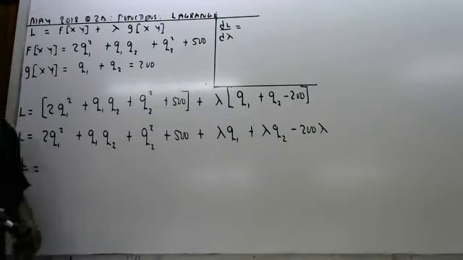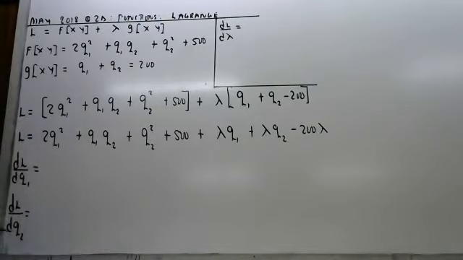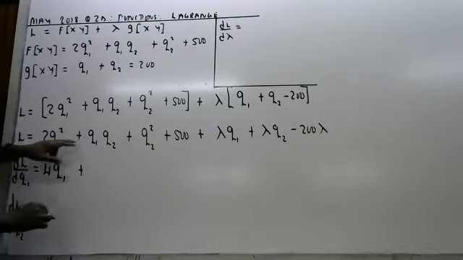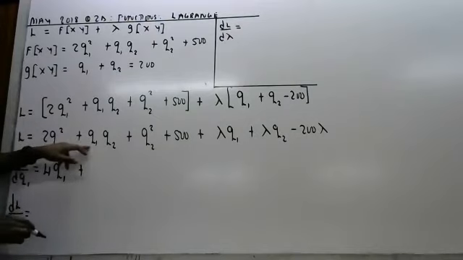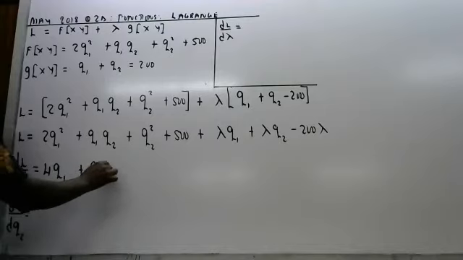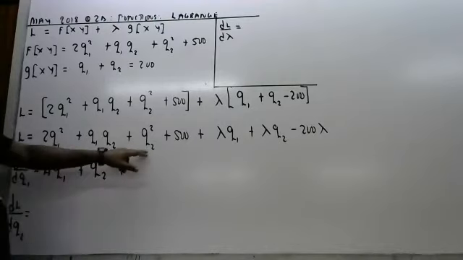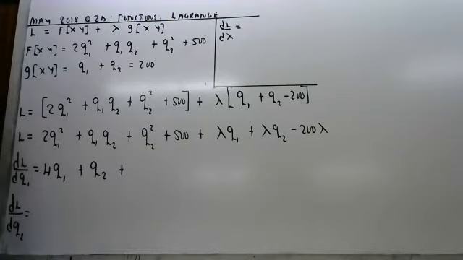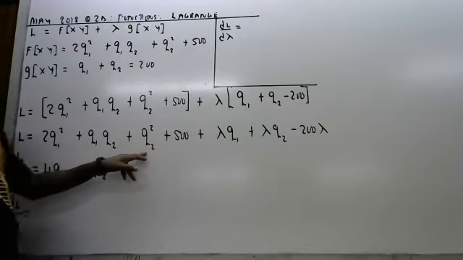So this is how it's done, in case you are not remembering. So this one, we are differentiating with respect to Q1. So this one will be 4Q1 plus this one becomes 1, so we are left with Q2, plus this one becomes 0 because we don't have Q1.